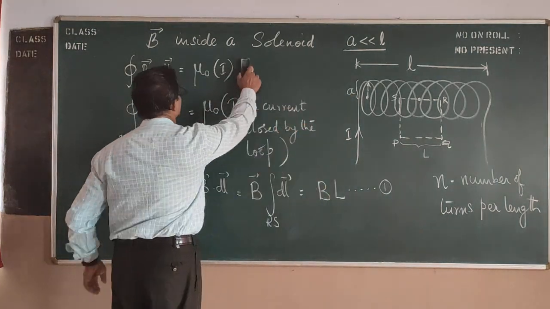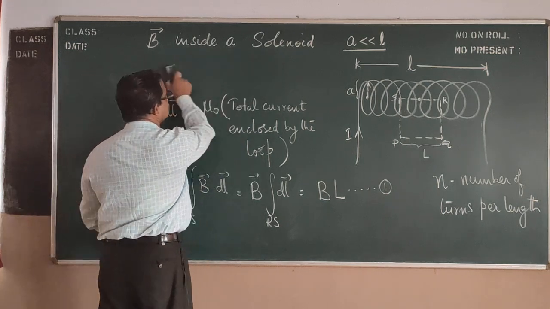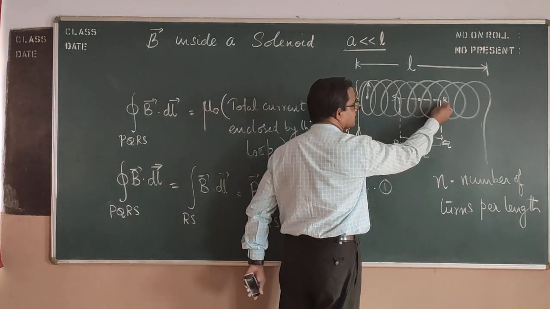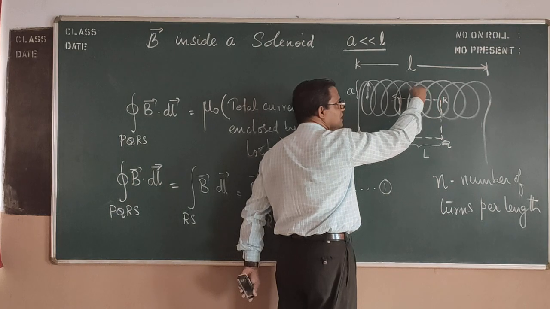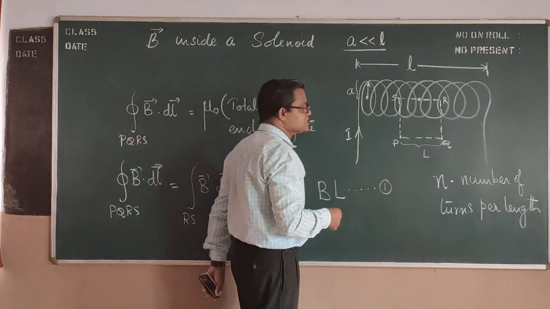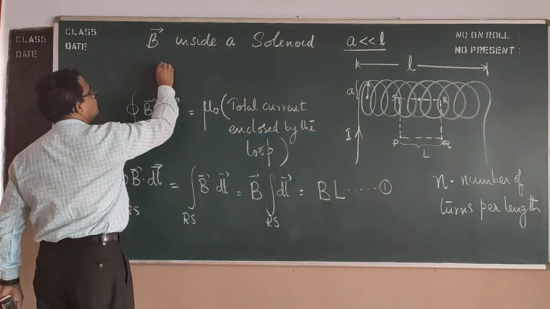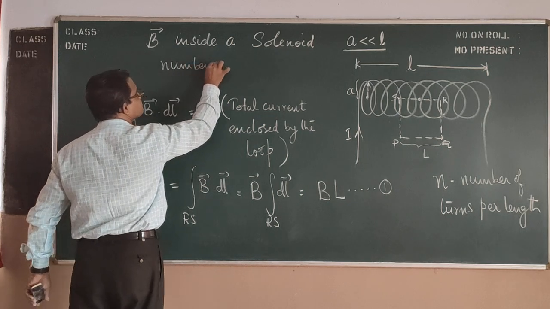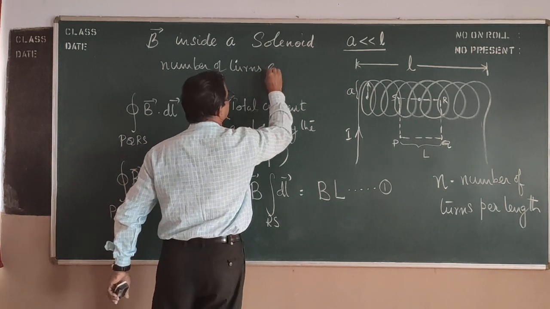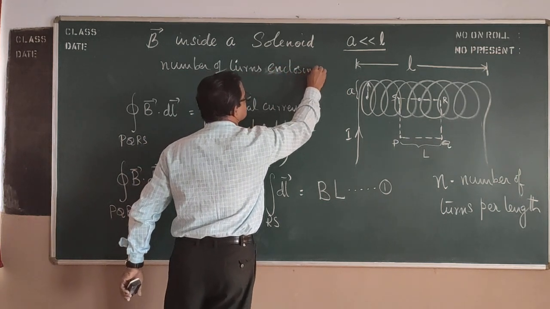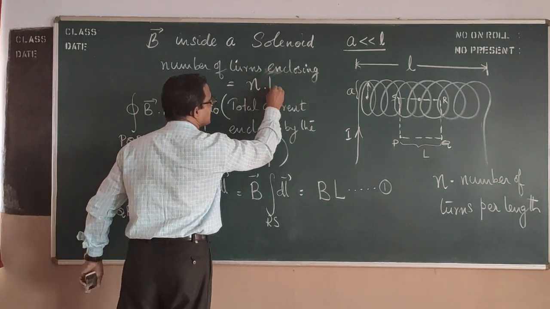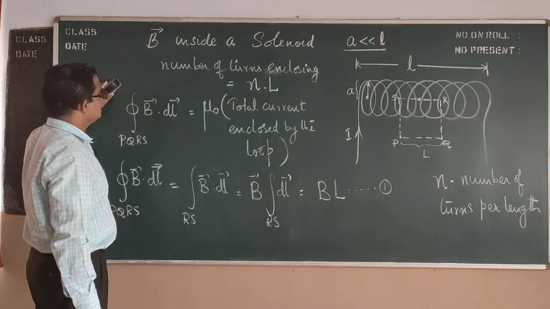Then, inside the length RS, which is the length enclosed by the loop, the number of turns enclosed will be equal to small n into L, because L is the length of that.